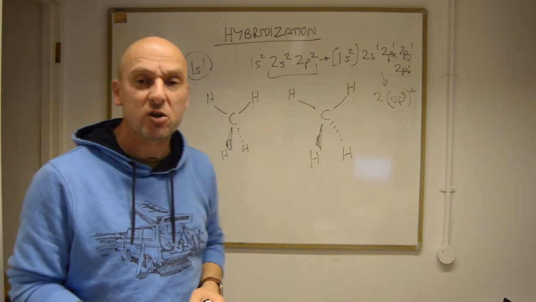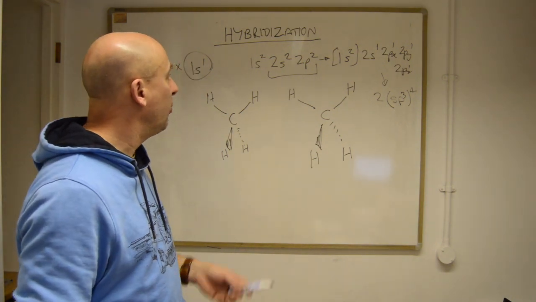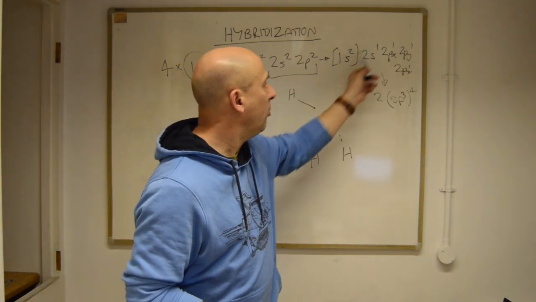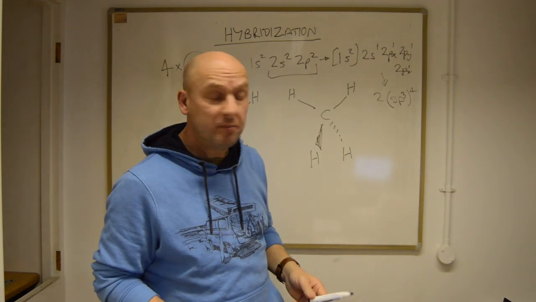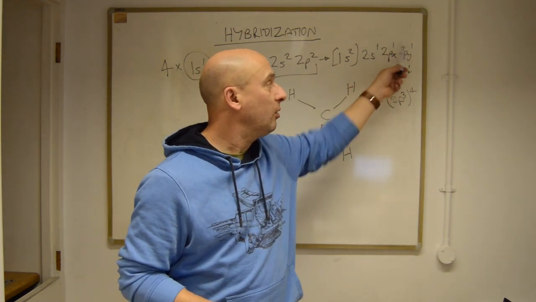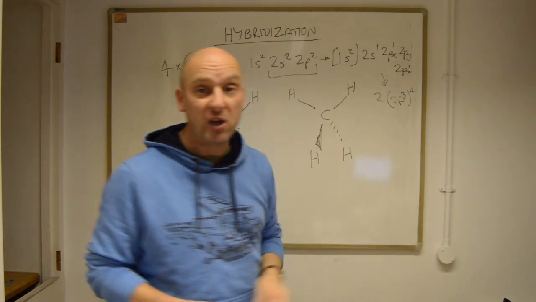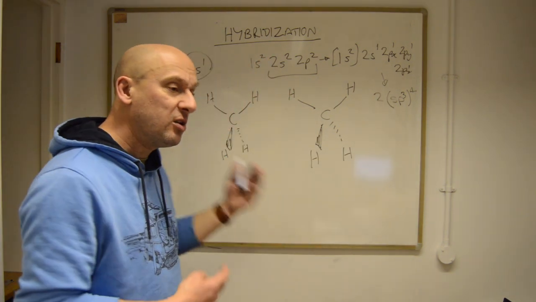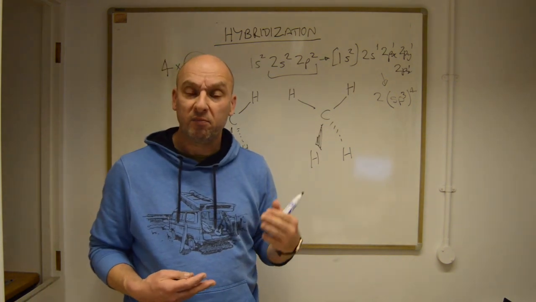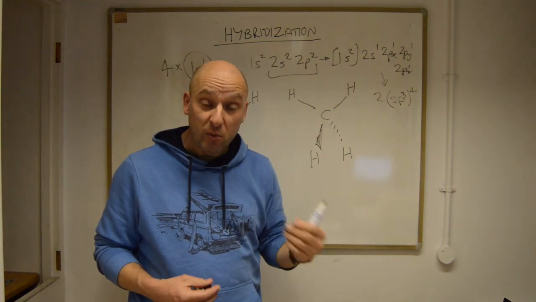We've got four of those, so we get four more electrons. We can fill all of these orbitals so that it's 2s2, 2px2, 2py2, 2pz2. Carbon has an octet, and we don't need to do any hybridization to see what those orbitals look like.